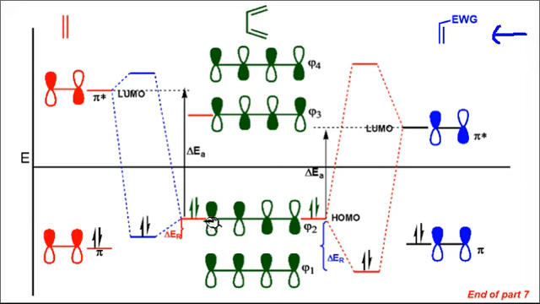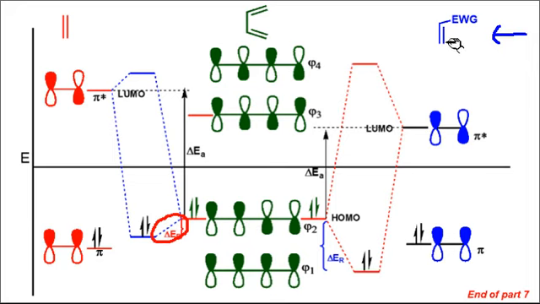The HOMO of the diene, because it is more nucleophilic, and the LUMO of the dienophile will participate in the formation of the 6-membered cyclic transition state as well as the 6-membered cyclic product. This is the activation energy for this reaction. This is the energy gap between the HOMO of the diene and the LUMO of the dienophile, and the net energy gain for this normal Diels-Alder reaction is shown over here. This is the net energy gain.